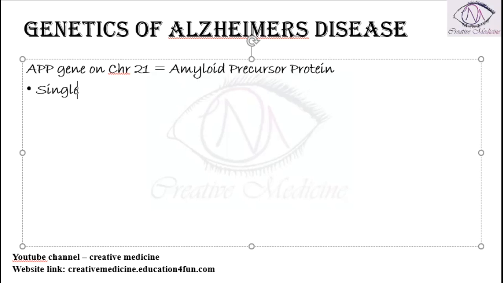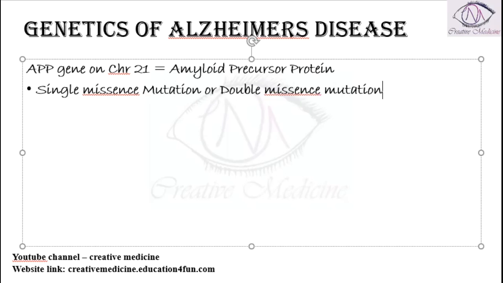In the APP gene, there can be either a single missense mutation or a double missense mutation seen in Alzheimer's disease.